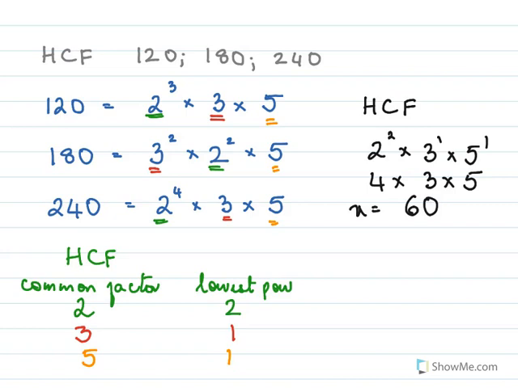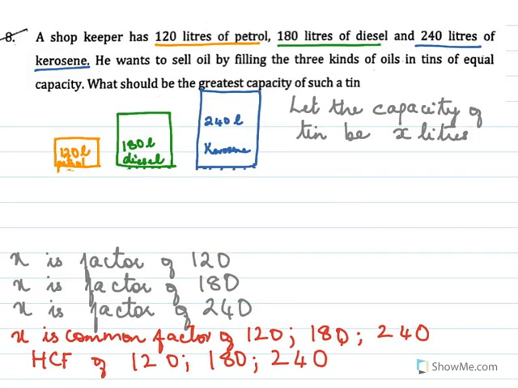So this can has to be made of 60 liters. The capacity of the can is equal to 60 liters, which means now the 120, when it is divided, will be made into 2 cans. It will be 60 here and 60 here, 2 cans of petrol.